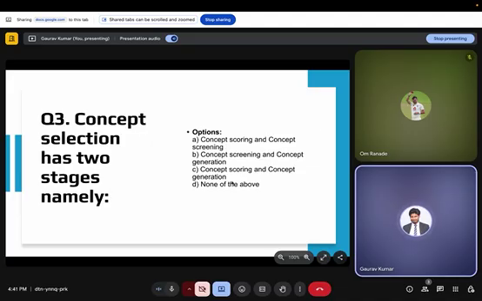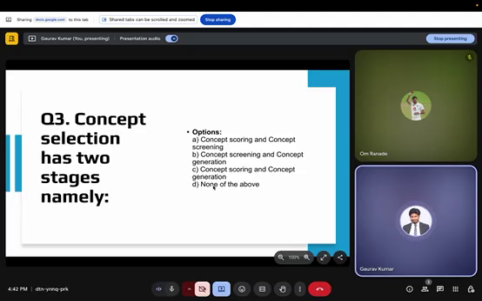Screening provides a fast and qualitative means of filtering a large number of ideas to remove those that fail to meet the fundamental requirements. Scoring, in contrast, is a more quantitative and refined procedure that examines fewer alternatives in greater depth, assigning weights and numerical ratings to criteria.